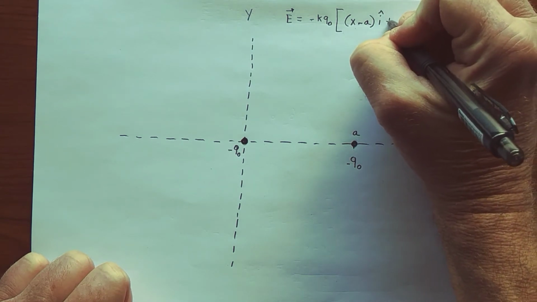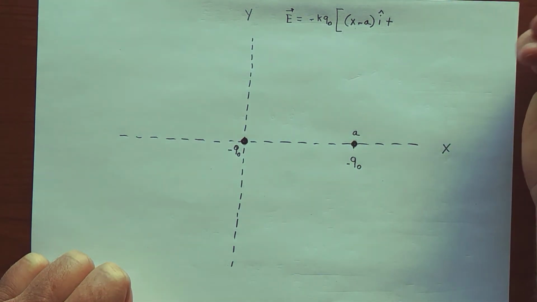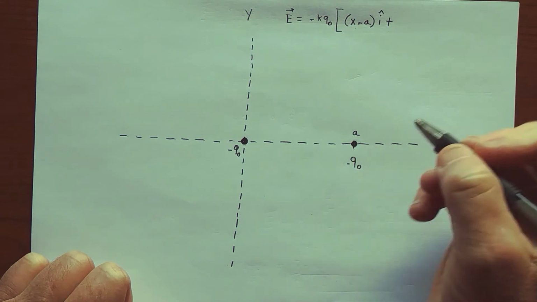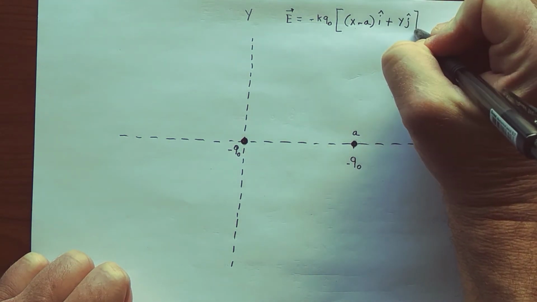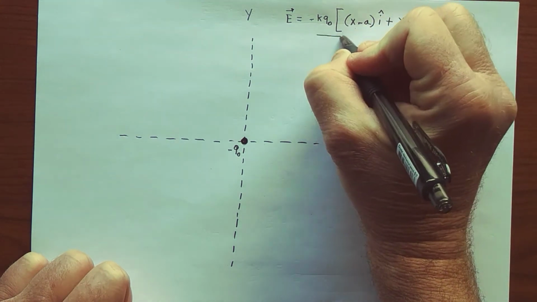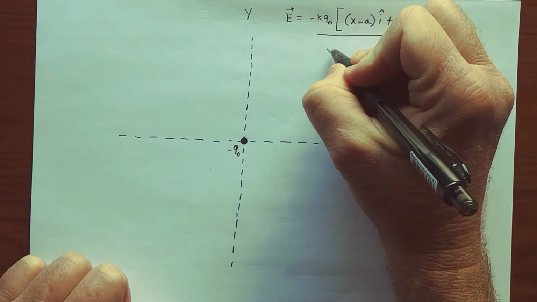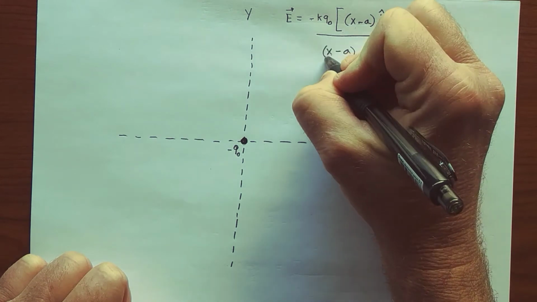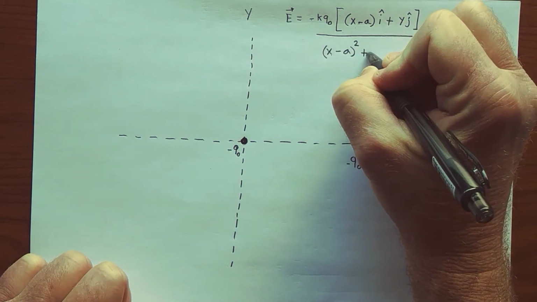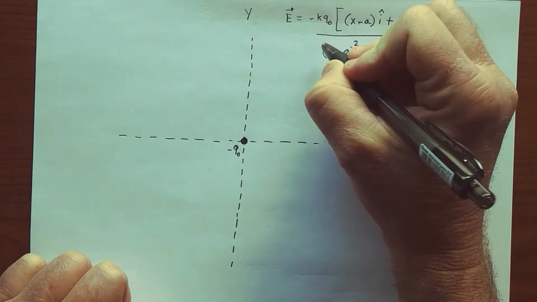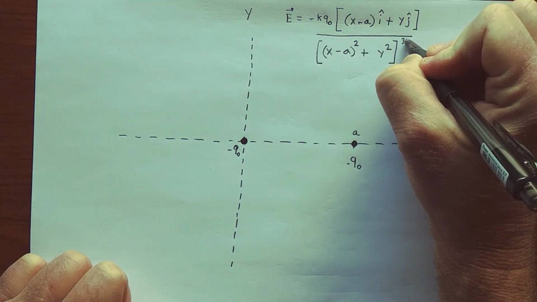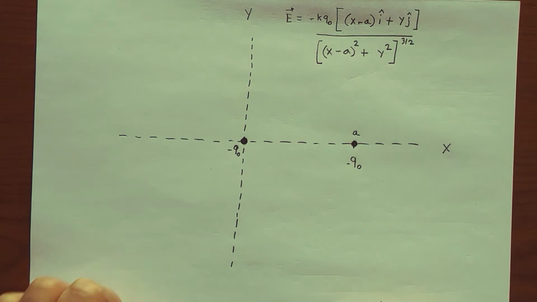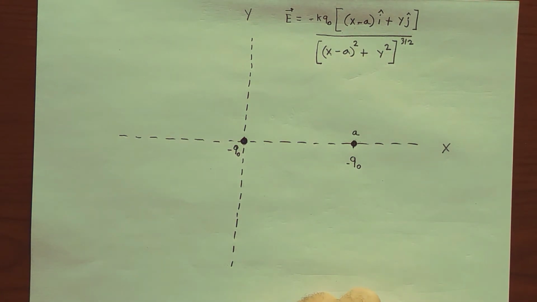I hat plus y minus y naught, but y naught is 0, so we have y j hat over x minus a squared plus y squared all to the 3 halves, again because of the unit vector and the r squared in the denominator.